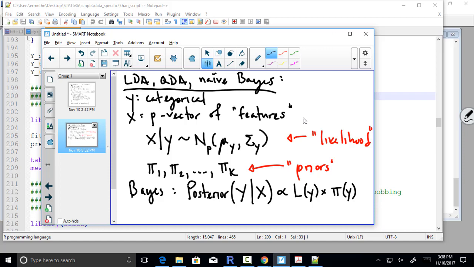For tumor class Y, the distribution of the input variable is multivariate normal. That's a likelihood specification. Combine a likelihood with a prior, and you have Bayes' result. Likelihood times prior will be proportional to the switched ordering of conditionals.